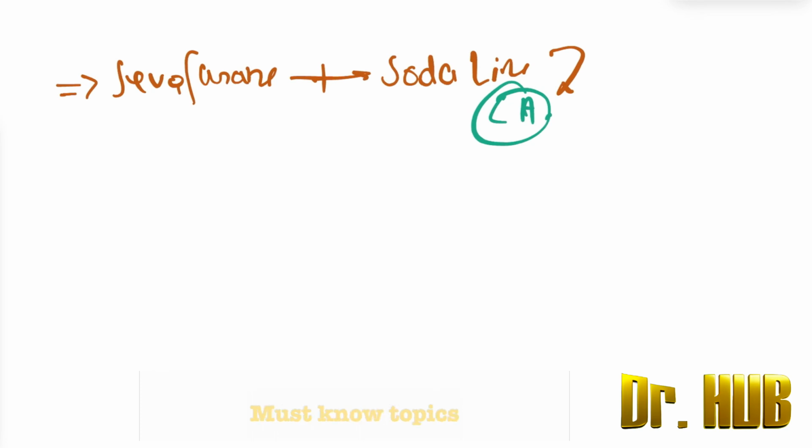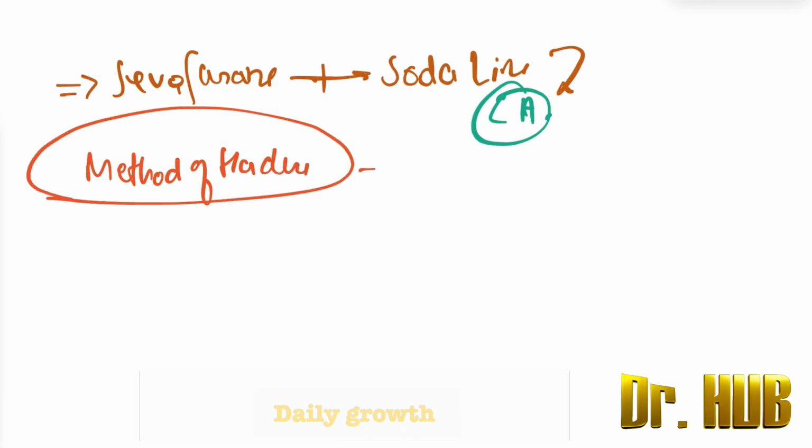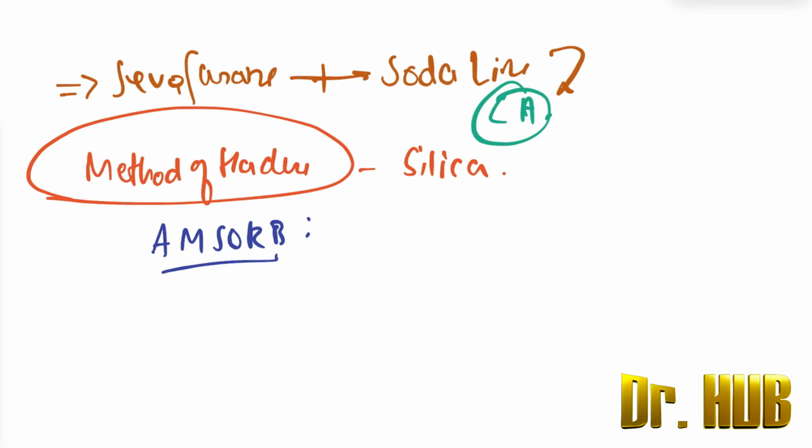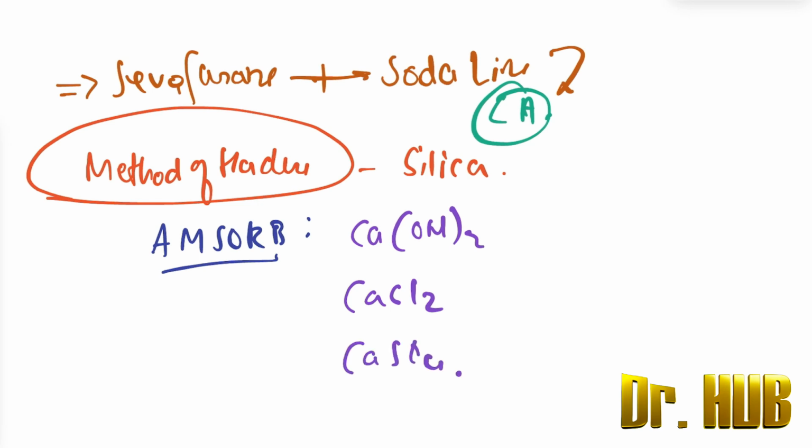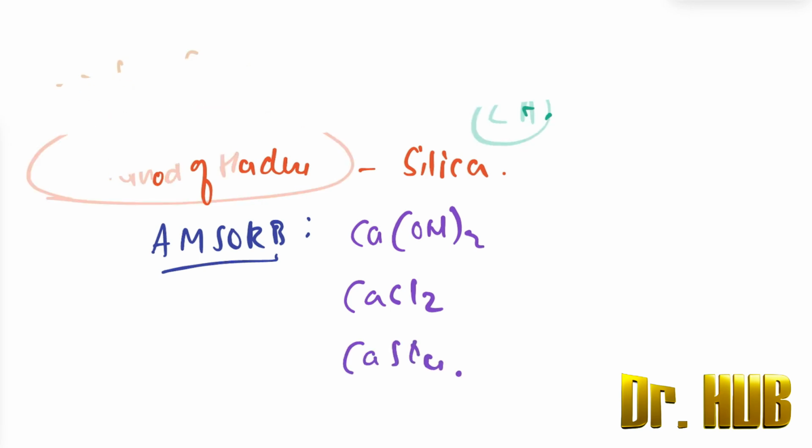Then when you look at the method of hardness, in case of the silica, there is Ca(OH)2, calcium hydroxide, calcium chloride, as well as calcium sulfate. So it causes less degradation of volatile anesthetics.